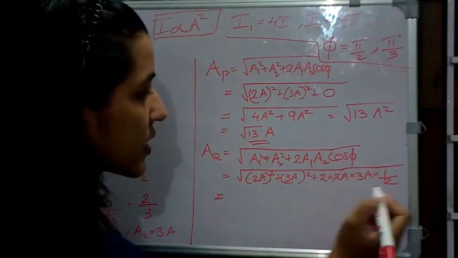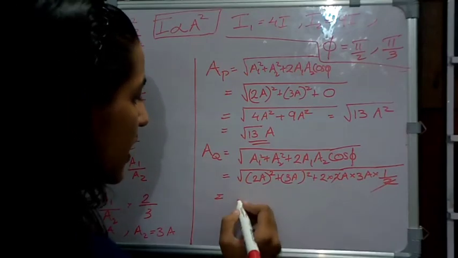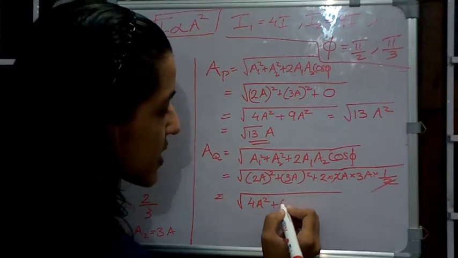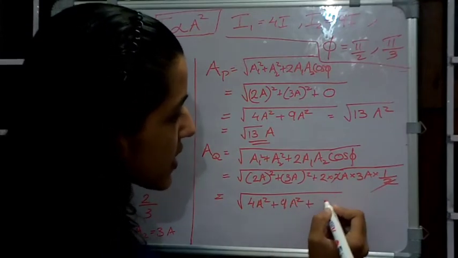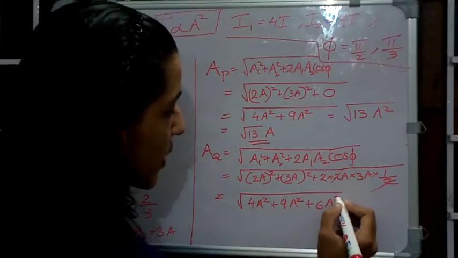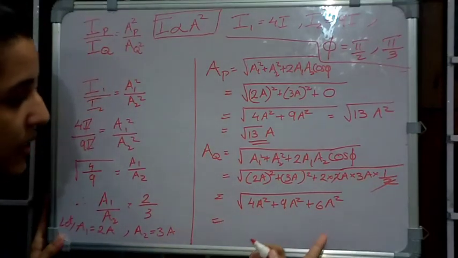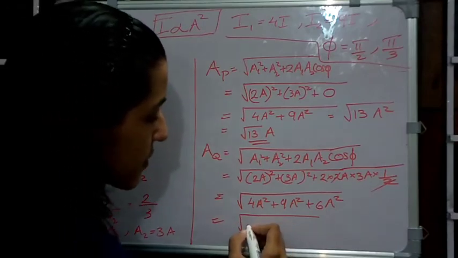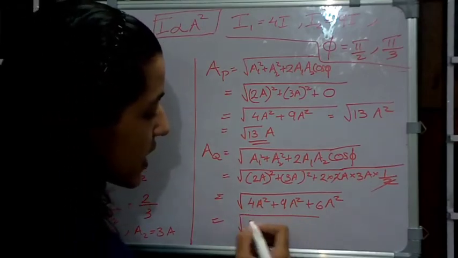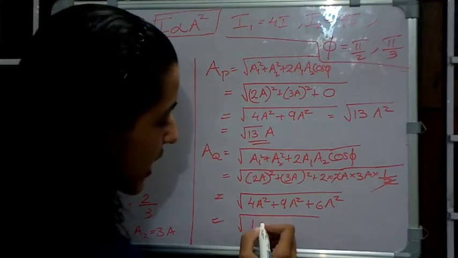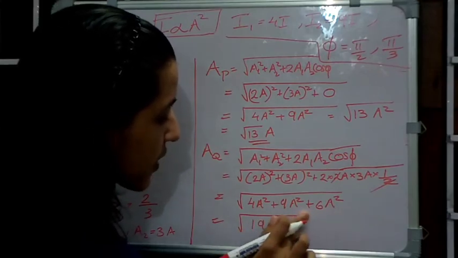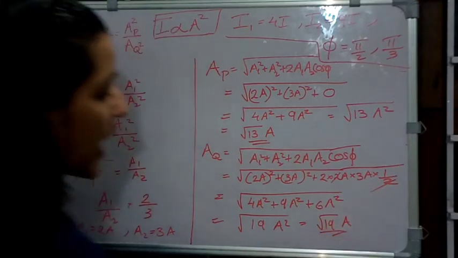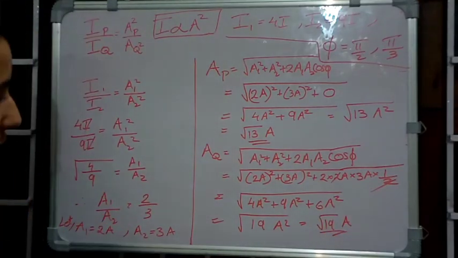Therefore, we can cancel this 2, 2 and we get the answer as 4A square plus 9A square plus 6A square. Now, on adding this entire thing, 9 plus 4 is 13, 13 plus 6 is 19, 19A square, which will be equal to root 19A. So we have got the values of AP and AQ.